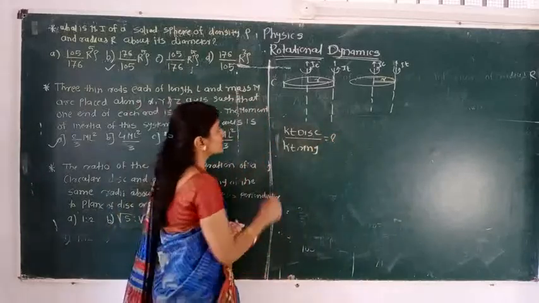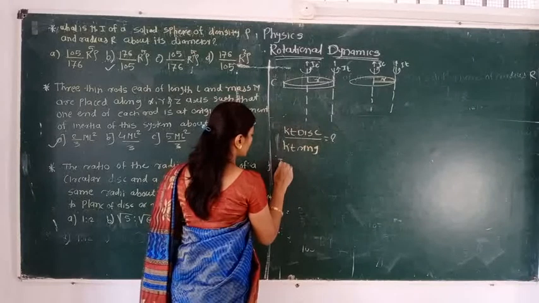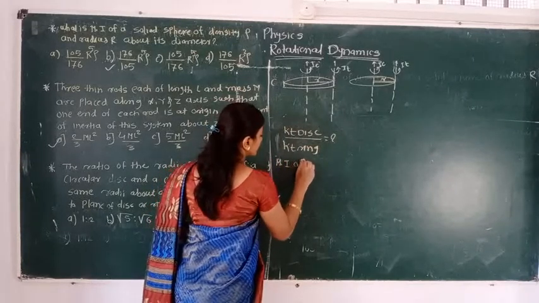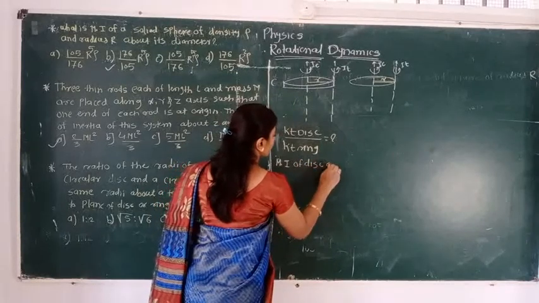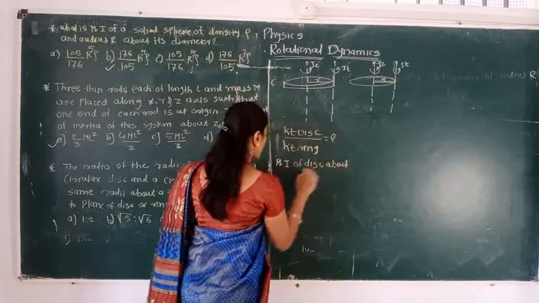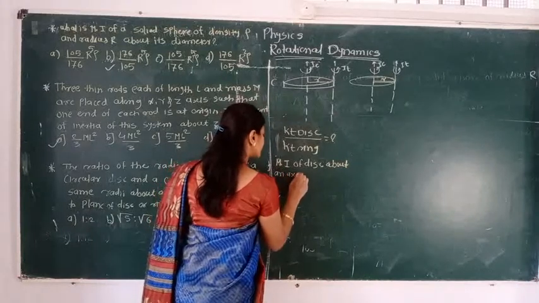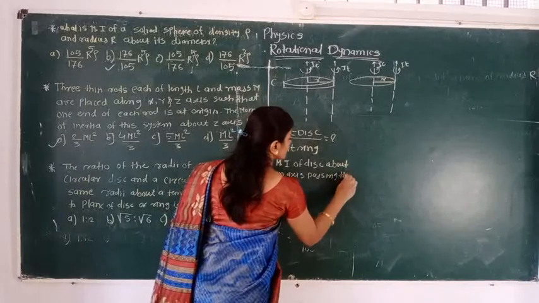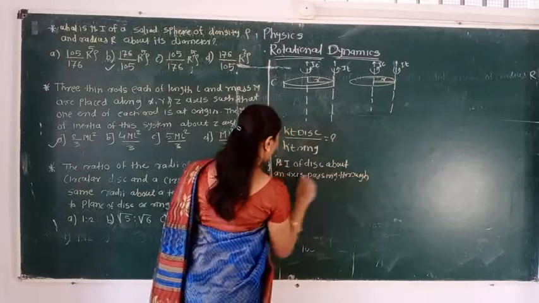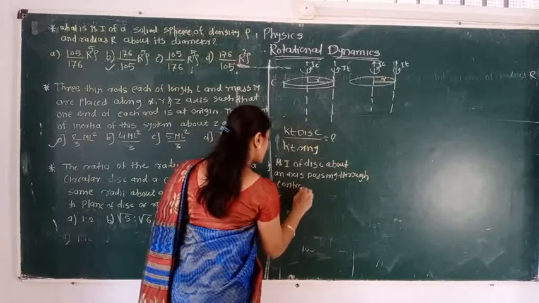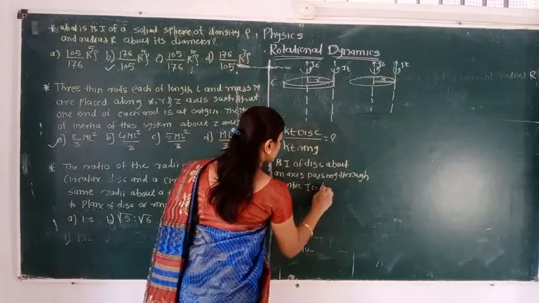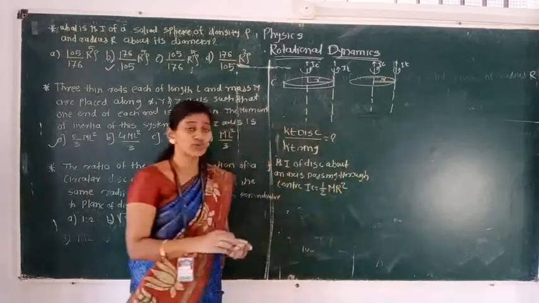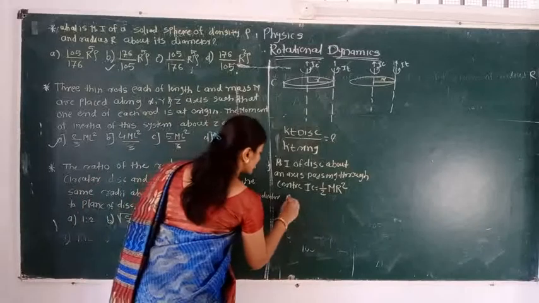Let me move on. First we will find the moment of inertia of a disc about an axis passing through the center, Ic. For this it is 1/2 m r². But now that Ic we have to write in the form of the radius of gyration.